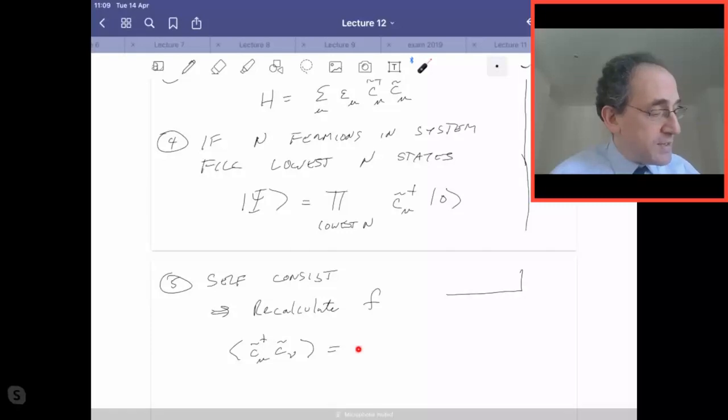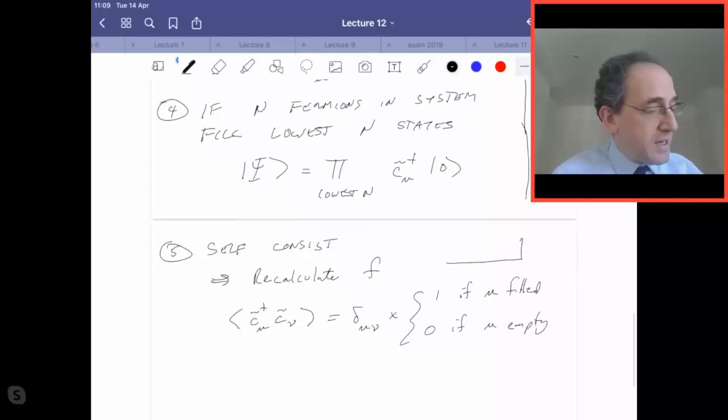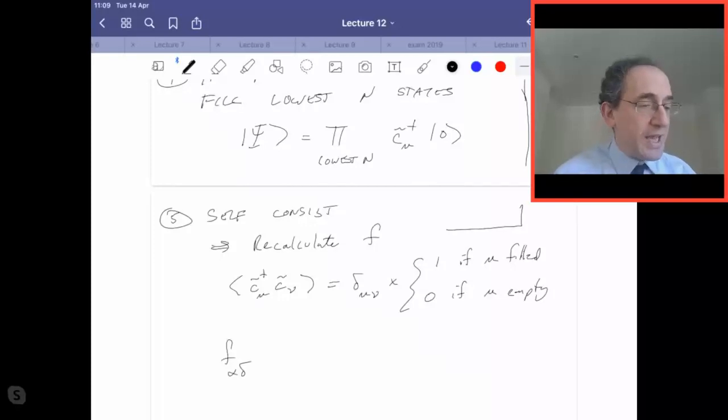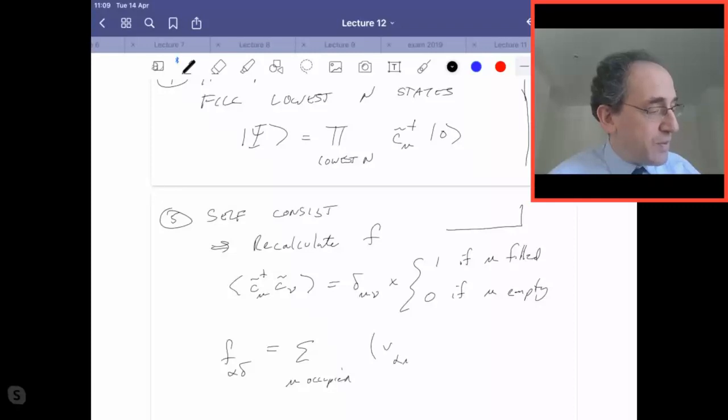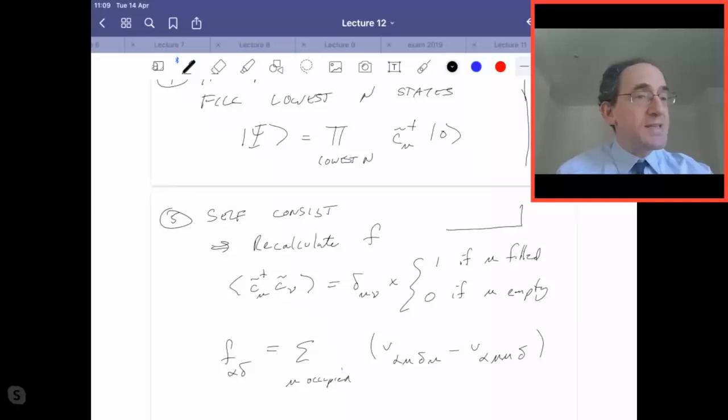So this thing is going to be just delta mu nu times 1 if mu is filled and 0 if mu is empty. Which means recalculating F is really easy. It's just the sum over mu occupied of V alpha mu delta mu minus V alpha mu mu delta. Okay, so that's why we like to rediagonalize into this diagonal basis.